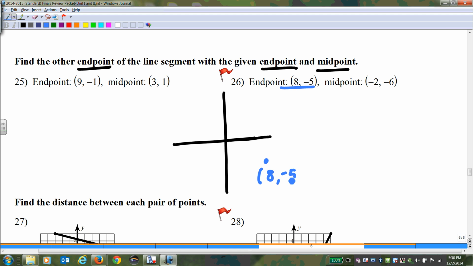This is an endpoint, so I'm just going to write the word end. Then we have a midpoint here at (-2, -6). So -2, -6, it's slightly down. And that's a midpoint. I'm going to write the word mid.